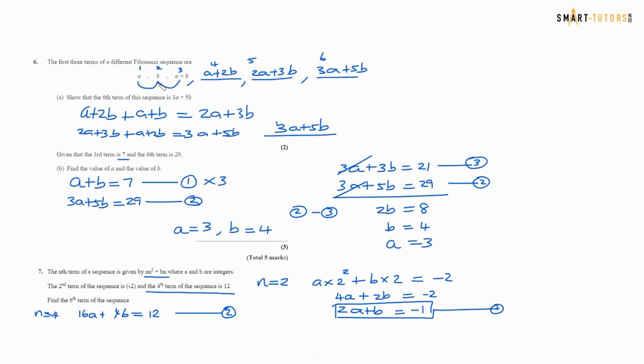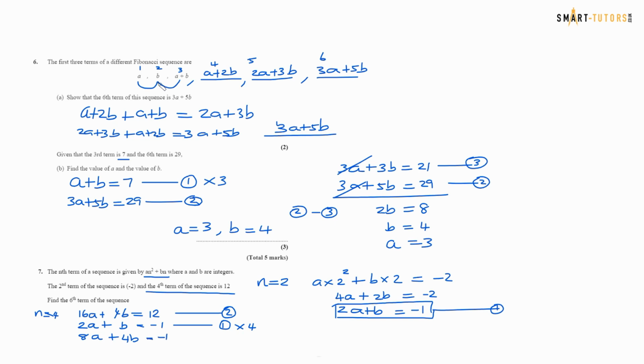If I write 2A plus B equal minus 1 underneath the second equation, I'm going to times the first equation by 4, which is 8A plus 4B equal minus 4.